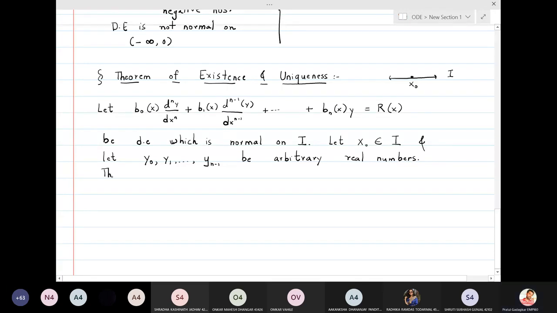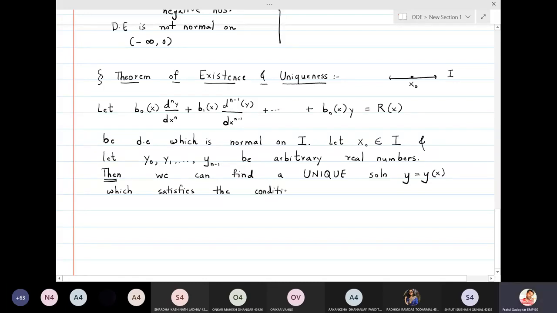Then, what does this theorem tell you now? Then we can find a unique solution y equal to y of x, meaning y is a function of x, which satisfies the conditions y of x0 is, where is x0? Here is x0. y of x0 is y0, y dash of x0 is equal to y1, and so on.